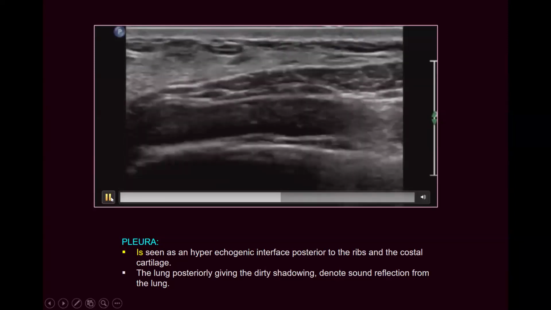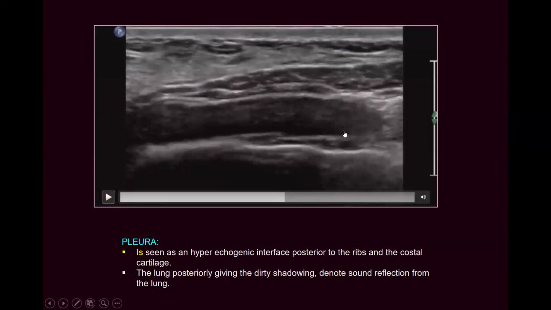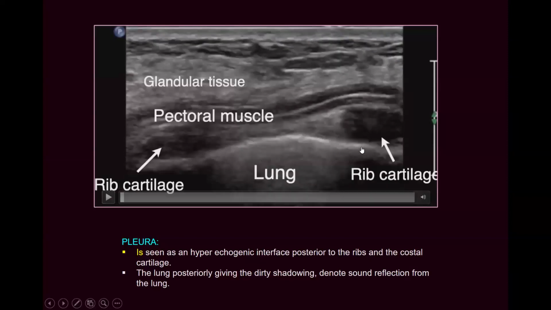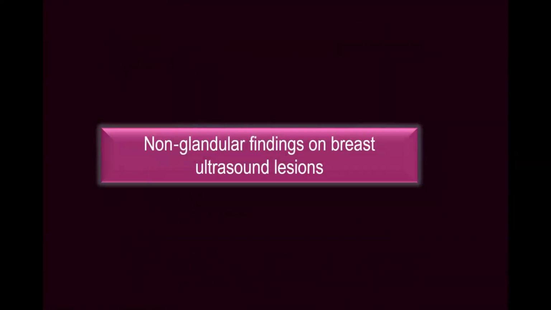So it is very important to visualize it in an orthogonal view as elongated structures connected to the ribs. We could appreciate posterior to which intercostal muscles, and the hyperechoic line of the pleura and dirty shadowing of the lung posterior to which. Okay.